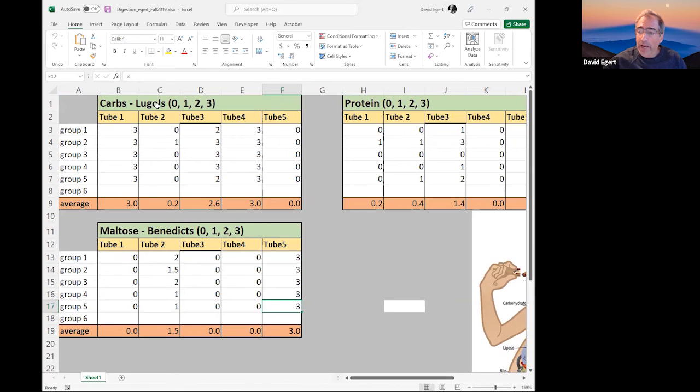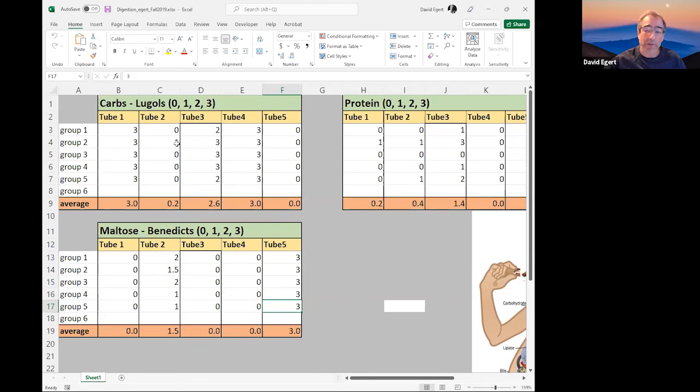Looking at carbohydrates as assessed by Lugol's, test tube 1, everybody said full on carbohydrate, no maltose. Again, if we look at our controls also, full on carbs, no maltose. For the maltose, no carbs, full maltose. For test tube 2, most people said no starch left at all.